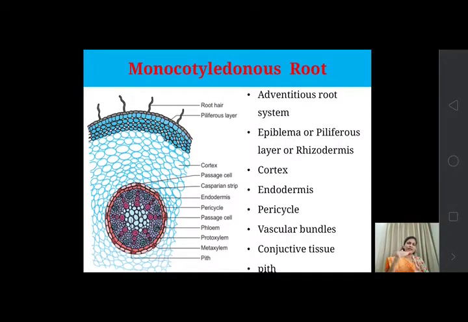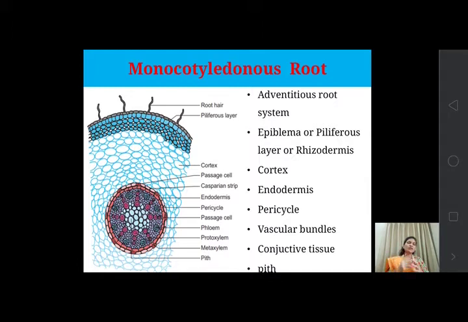So internally it is made up of epiblema, or you can say the piliferous layer, also called the rhizodermis. In case of the dicot root also, the epidermal portion, the outermost covering of that root, is known as the epiblema. In case of stem it is known as epidermis, and in case of leaf it is known as upper and lower epidermis.